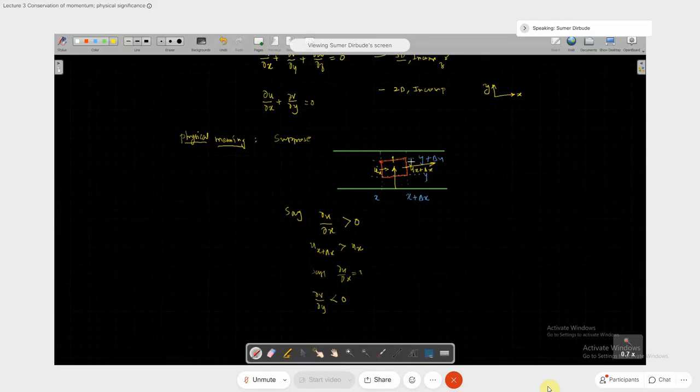Then only this sum plus this sum will be equal to 0. You got it?